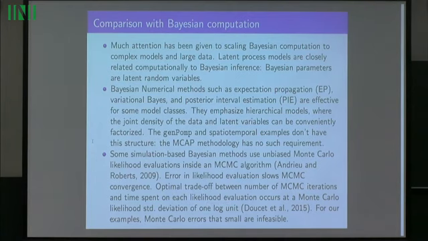Comparison with Bayesian computation. I have a pretty heavy slide on this, but there aren't that many Bayesians in the audience, so I can talk to them afterwards. Perhaps the main point I want to make is that there's not, as far as I know, a Bayesian analog of the MCAP yet.